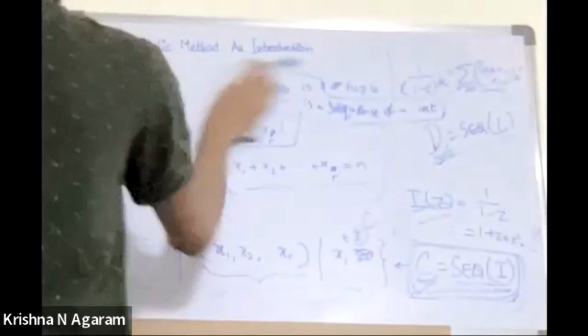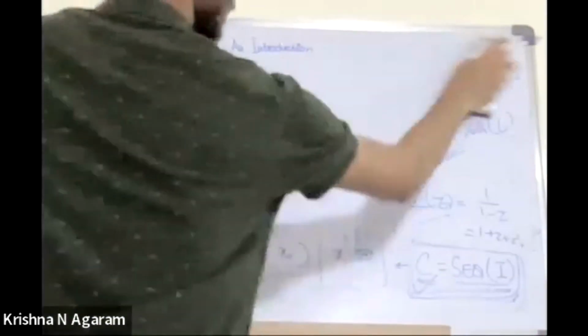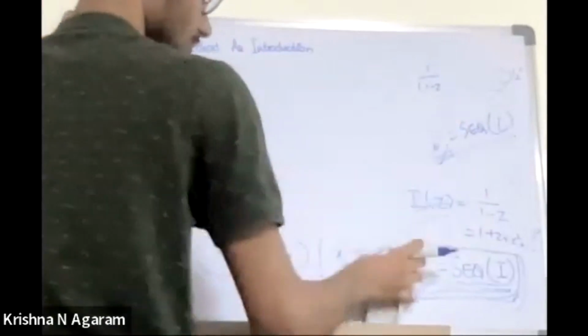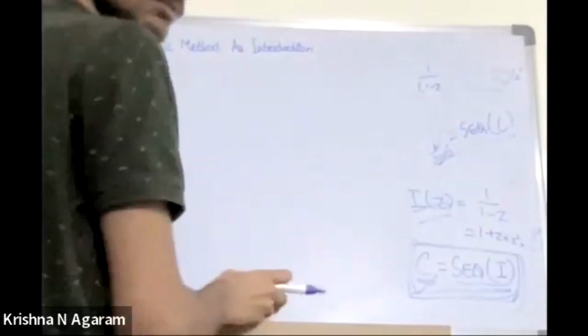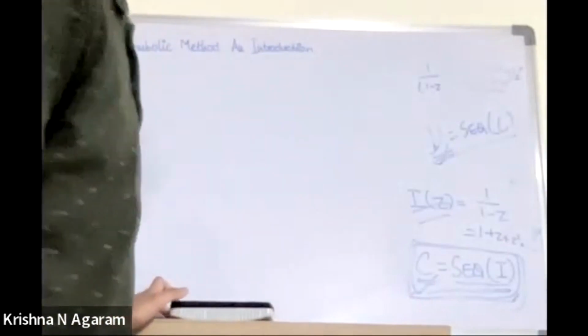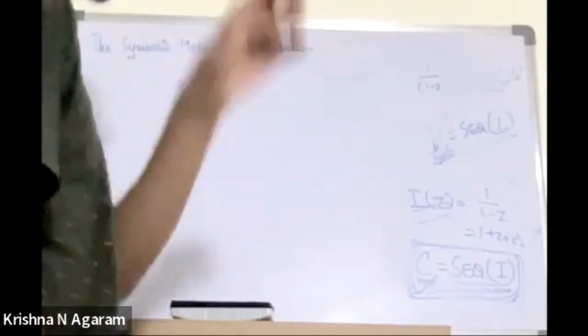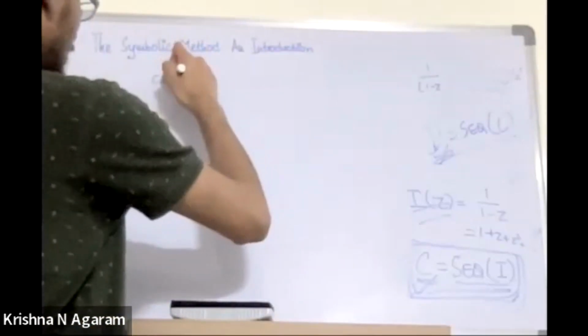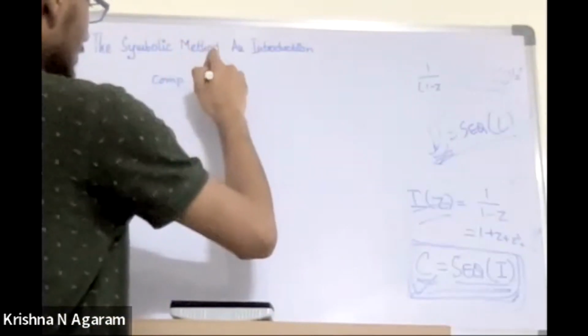It is quite vague, so let us actually work out C of z. Actually, I made a slight mistake.